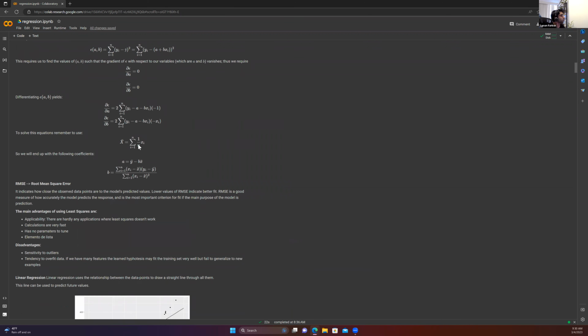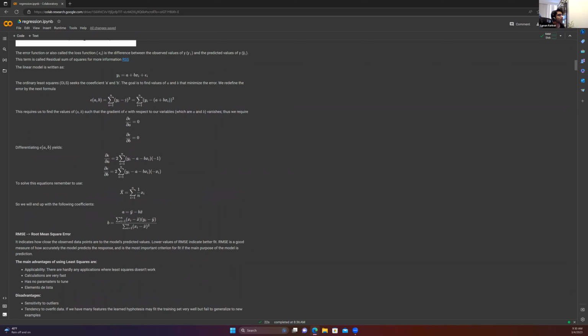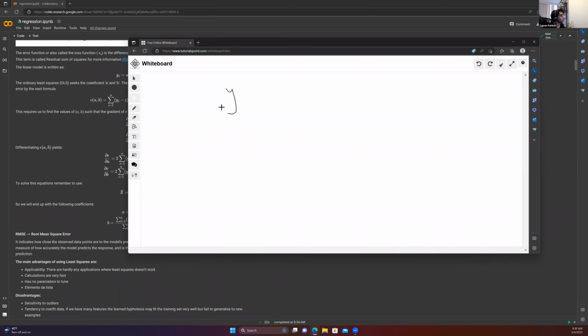And the prediction we call y hat, the prediction that comes from the linear regression model. And we want to minimize, let me bring my whiteboard here. So we have y and we have y hat, right? Y is the actual value of the x's that we have on the y-axis. Y hat is the predicted values coming from linear regression.